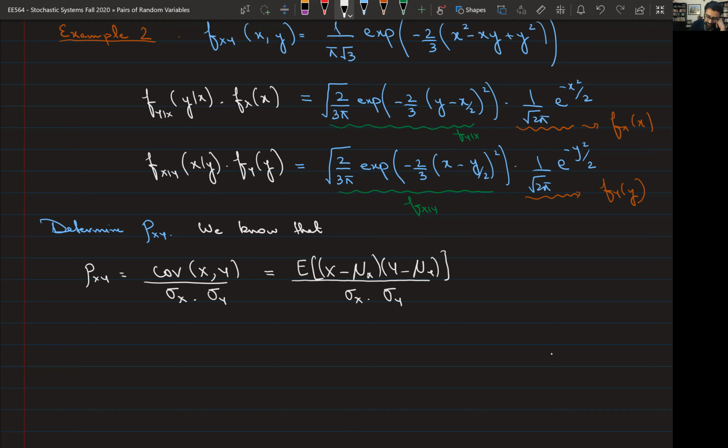Can somebody tell me what mu x is and what mu y is and what sigma x is and what sigma y is, given the information that I just wrote above? Given this information in that orange color, if you will. Mu x equal to 0 and mu y equal to 0. Excellent. And what about the standard deviations?